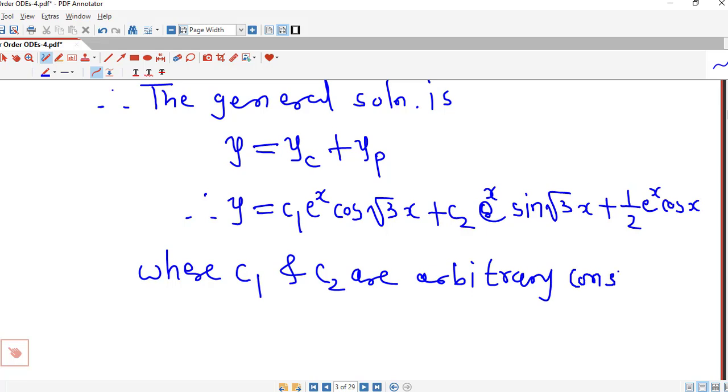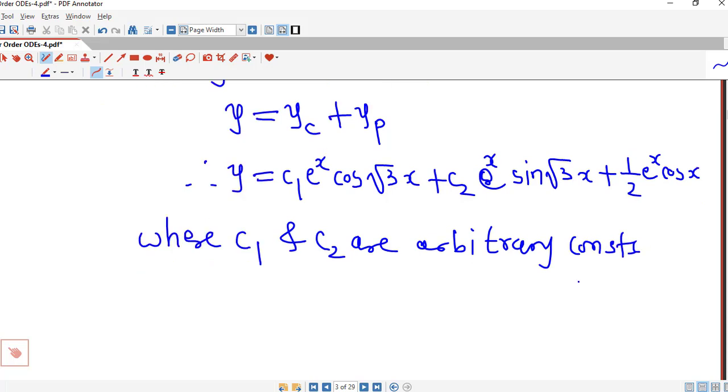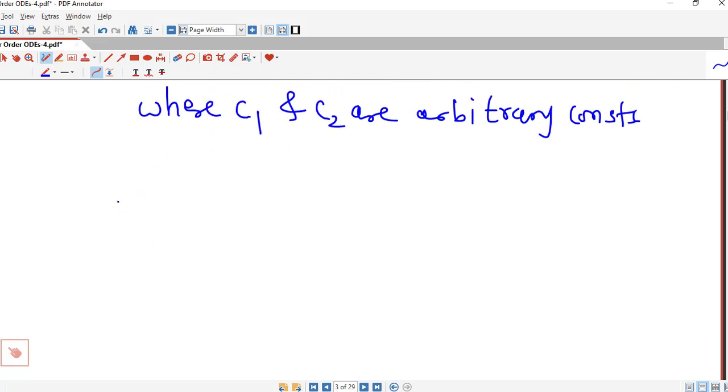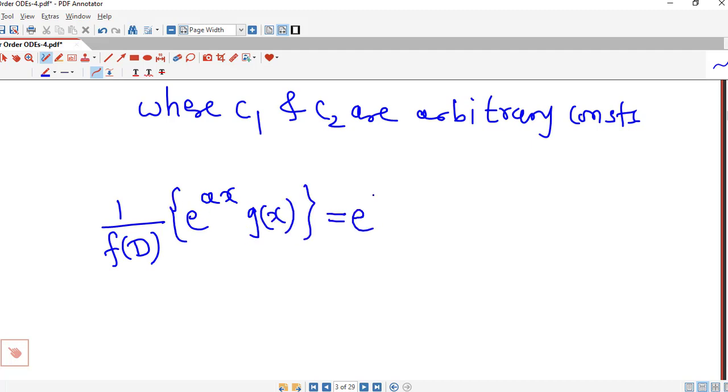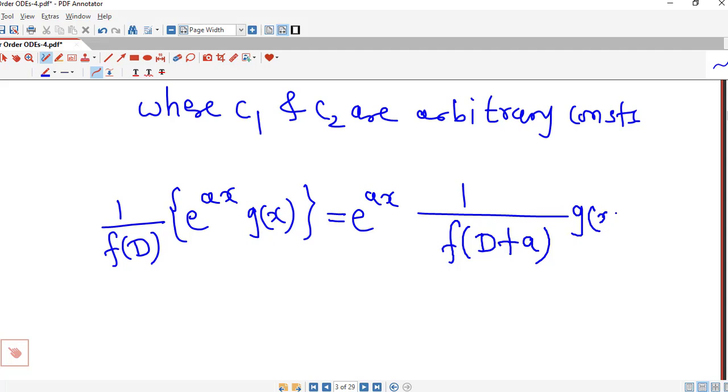So in this way we can easily find the particular solution of this type of function if we remember this formula: e raised to ax times 1 over f of d plus a gx.